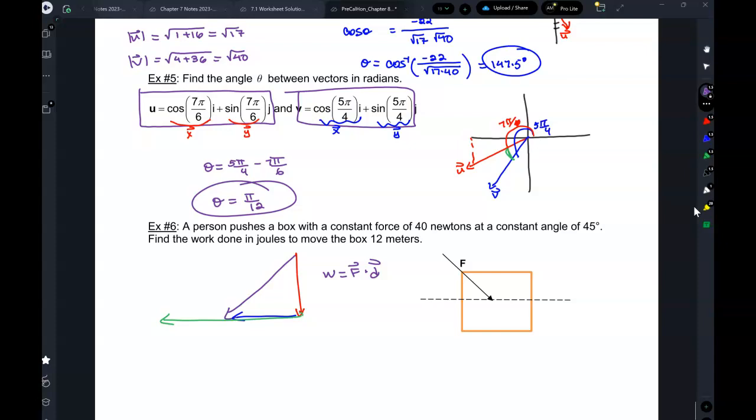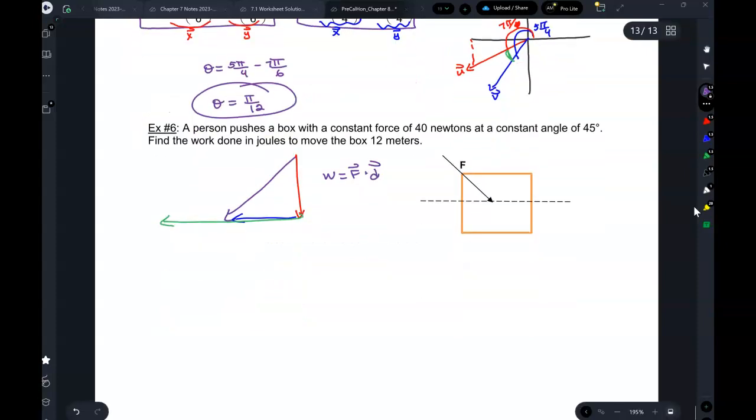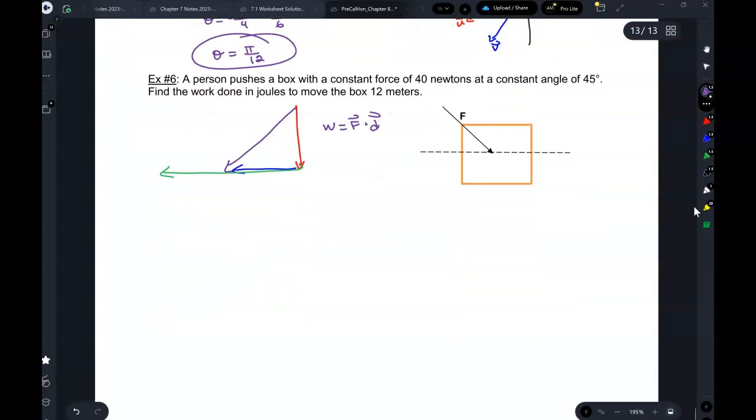Okay? So, all right. Here, a person pushes a box with a constant force of 40 newtons at a constant angle of 45. Find the work done in joules to move the box 12 meters. Okay. So there are two ways to do this. Method one is this.